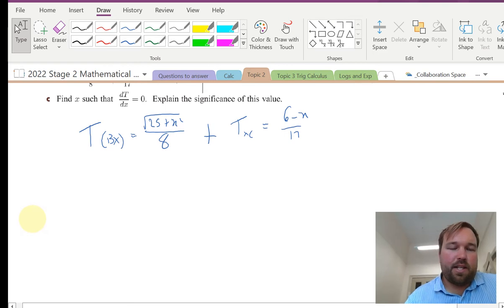Alright, given that x is between 0 and 6, find x such that dT/dx equals 0. Explain the significance. Well, the significance is this will be the shortest time that it will take him. So let's find that.